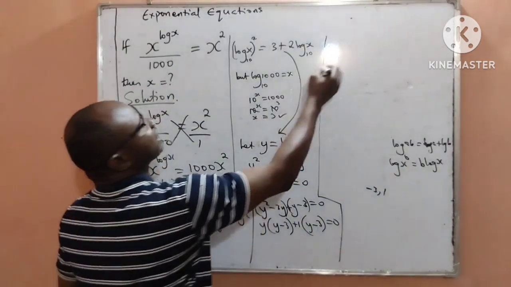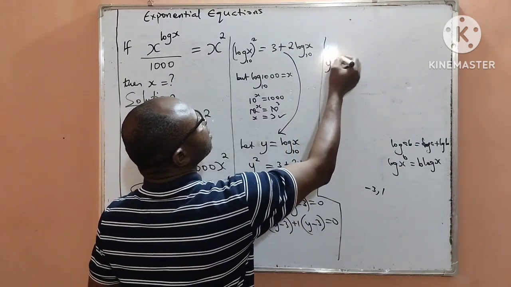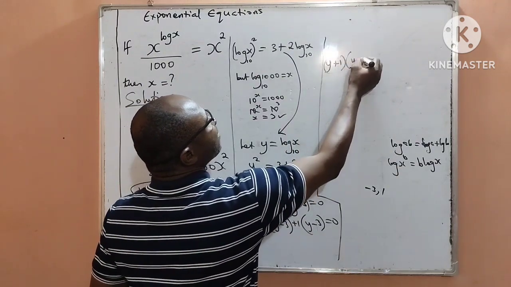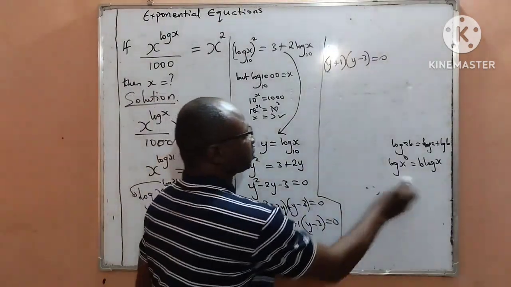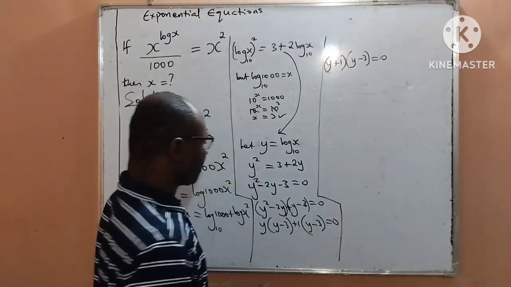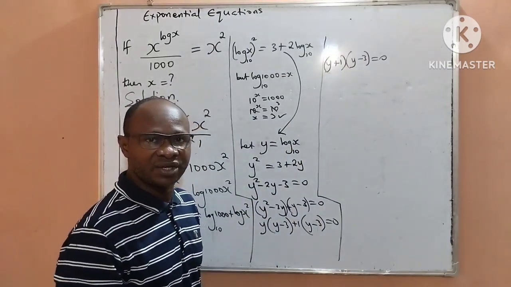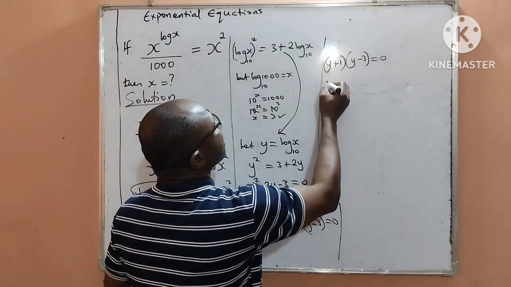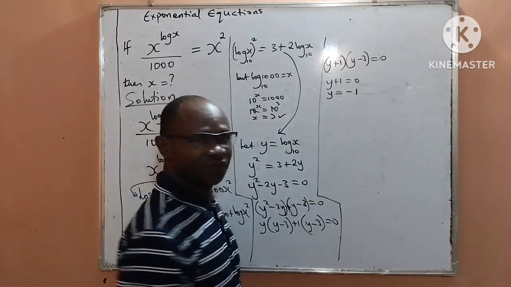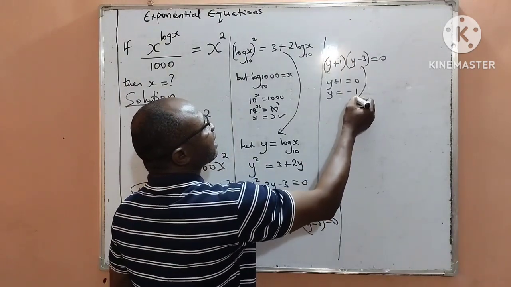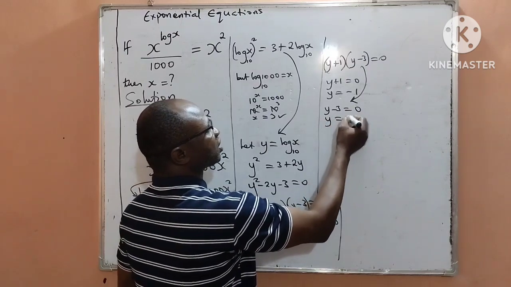Here now I can get that y plus 1 into y minus 3 is equal to 0. Okay, good. Moving further, the first bracket is equal to 0 and the second bracket also is equal to 0, meaning that I can have y plus 1 equal to 0, implying that y is equal to negative 1. And from the second bracket, y minus 3 is equal to 0, implies that y is equal to 3.